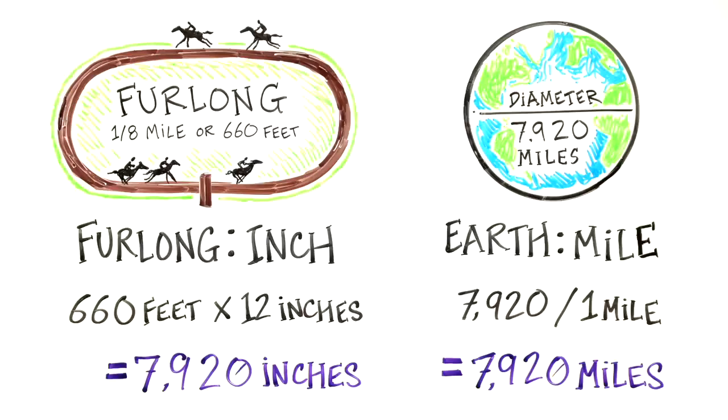So we lay out a furlong, 660 feet, 1 inch, which is derived from the width of our thumb. You can check it out. Put your thumb on there and you'll discover it's 1 inch wide. That's the digit. So the thumb is to your foot in this cosmic relationship of 12 to 1.